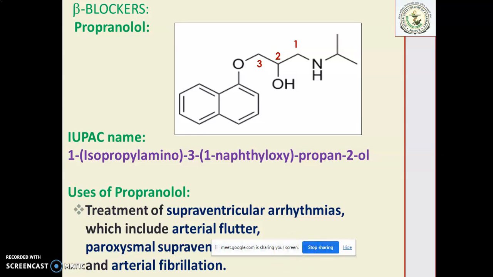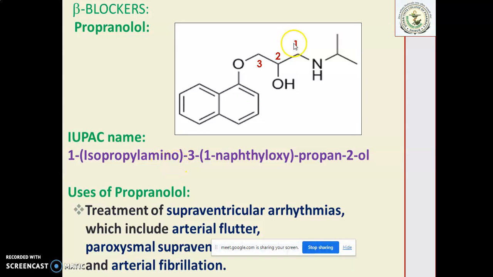Beta blockers. In that we have example propranolol. So you will draw two aromatic rings and oxygen bridge, then 2-propanol and then isopropyl amine. IUPAC name for propranolol is 1-isopropyl amino.